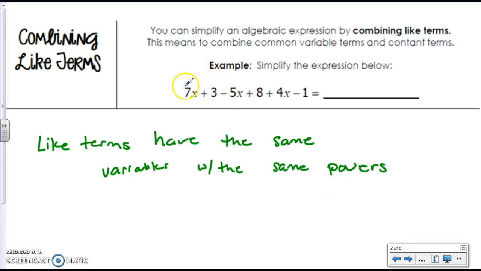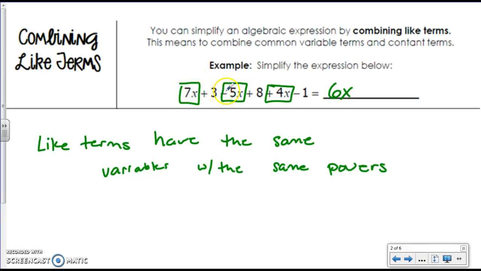Okay, so if I go to combine my like terms, I'm going to look at my variables first. So x's, anything that has an x in it, I can combine together. So I have 7x, negative 5x, and 4x. And we're going to go straight across and do 7x minus 5x, which is 2x, and then 2x plus 4x, which gives us 6x.